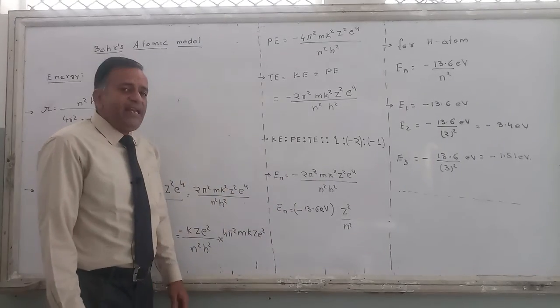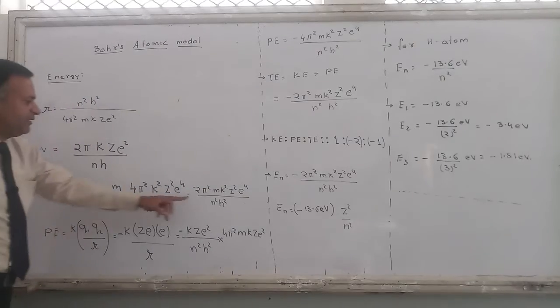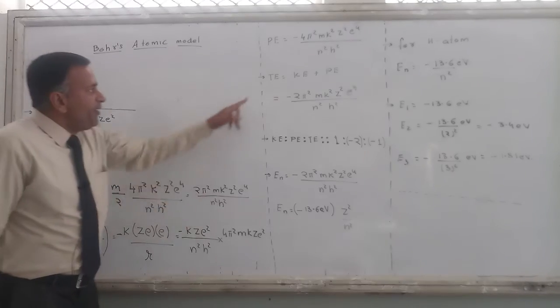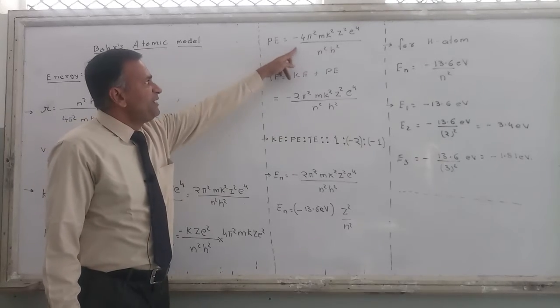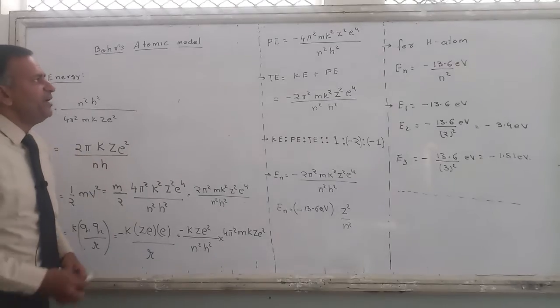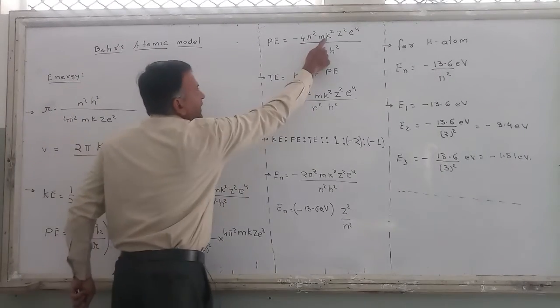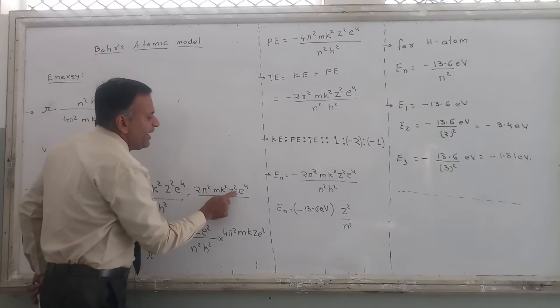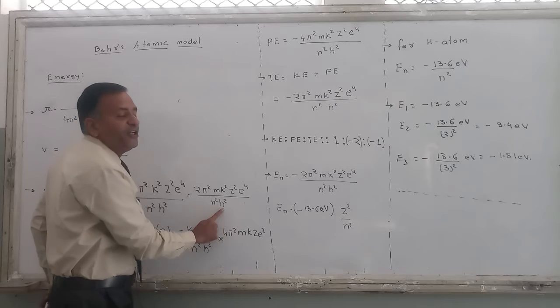Now, finally, adding up the potential energy and the kinetic energy will give you the total energy. That is again addition of this equation with this equation. See, most of the terms are same. Pi square, m, k square, z square, e raised to 4, n square, h square in the denominator.